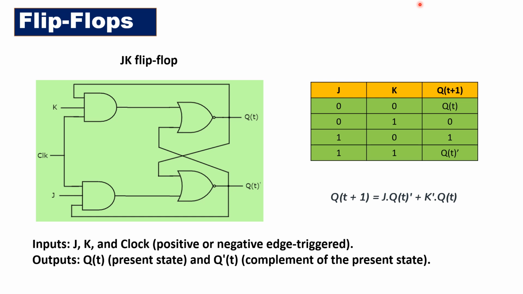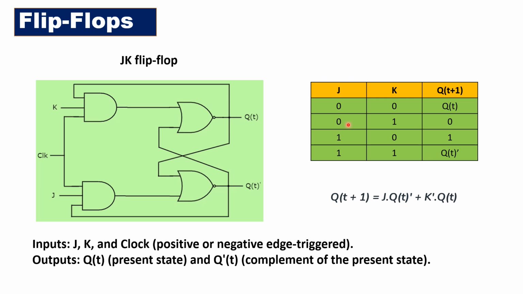The JK flip-flop uses these equations to determine its behavior in response to input combinations during the positive or negative edge of the clock signal. Hold state: when J is equal to 0 and K is equal to 0, the flip-flop retains its previous state because neither J nor K is active.